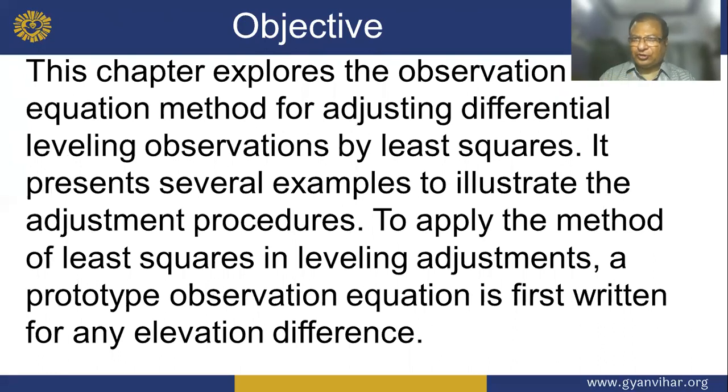The chapter explores the observation equation method for adjusting differential leveling observations by least squares, and it presents several examples to illustrate the adjustment procedure. To apply the method of least squares in leveling adjustment, a prototype observation equation is first listed for any elevation difference.